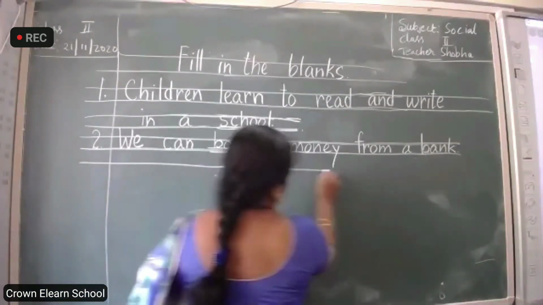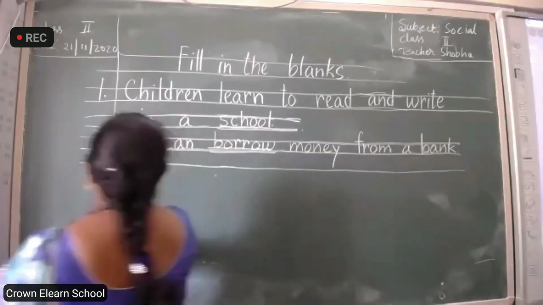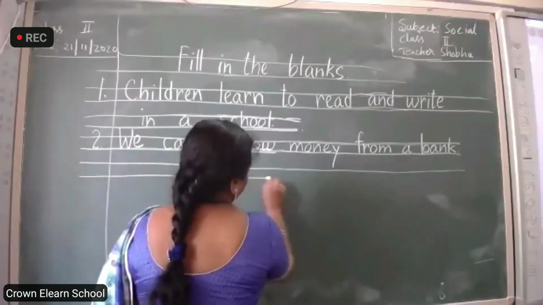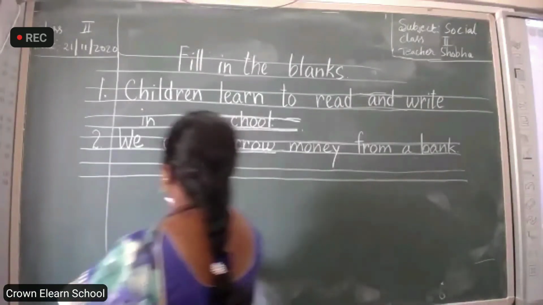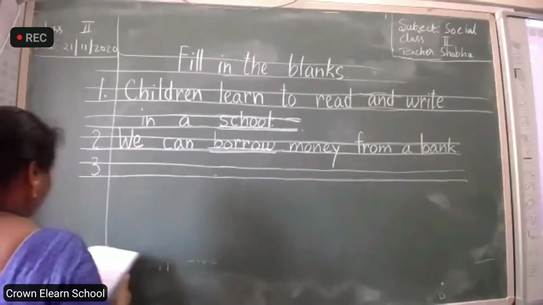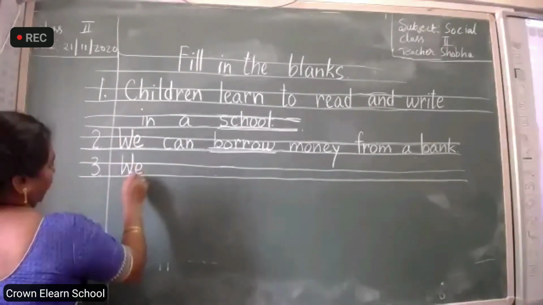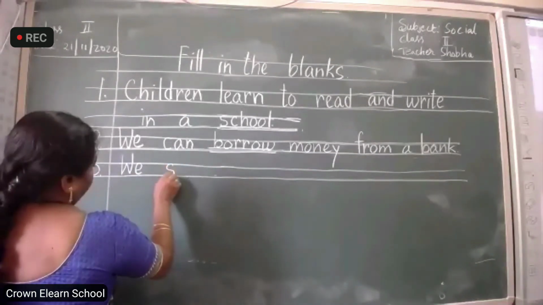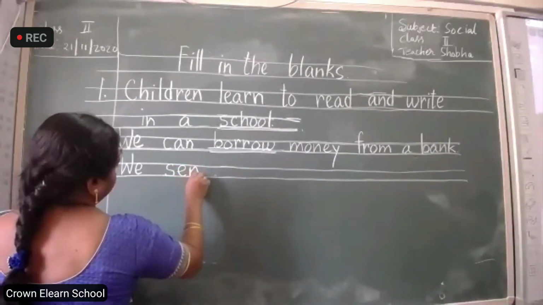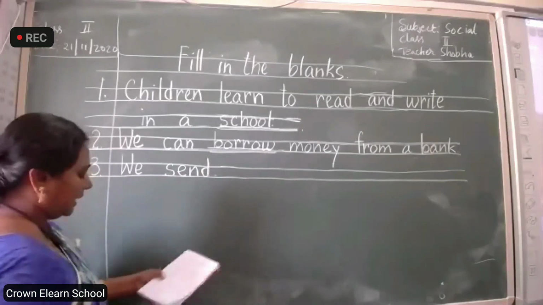So after the second one, for the third fill in the blank, leave a line. We send. Again, capital W, starting the sentence. We, finger gap, send, S-E-N-D, send.